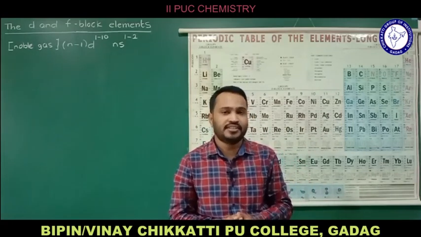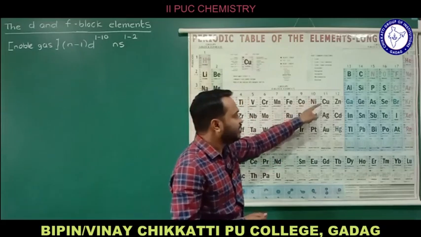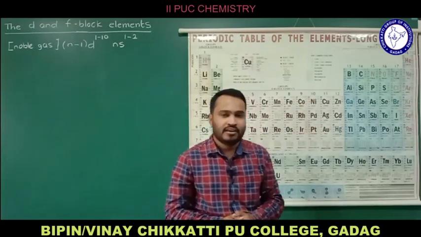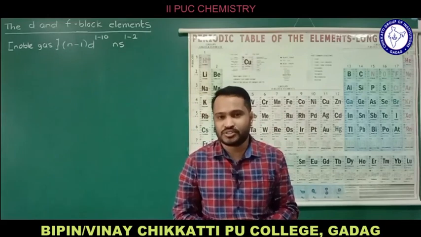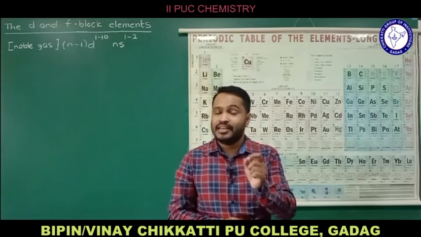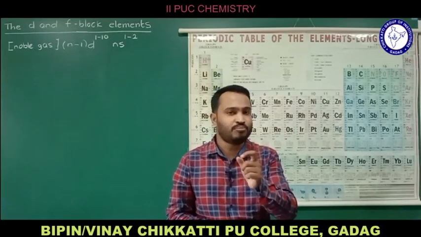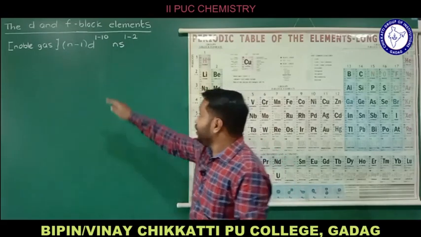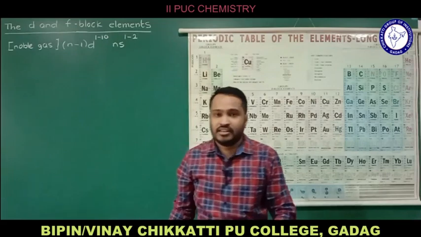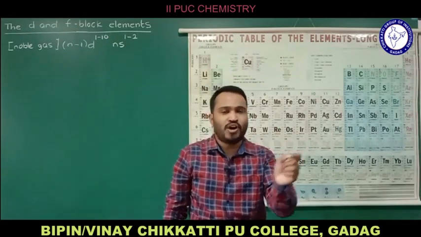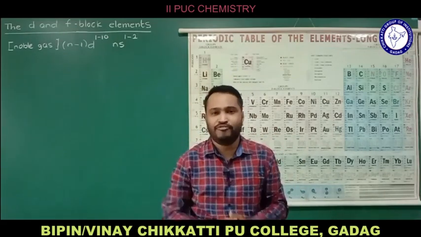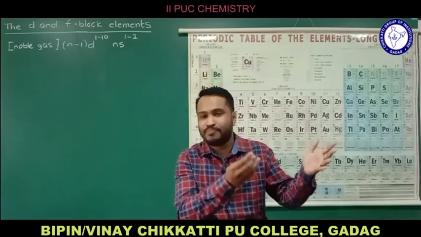The question arises, why are zinc, cadmium and mercury not d block elements? As I mentioned, d block elements must contain partially filled d atomic orbitals, so the filling should range from 1 to 9, not completely filled or completely empty.